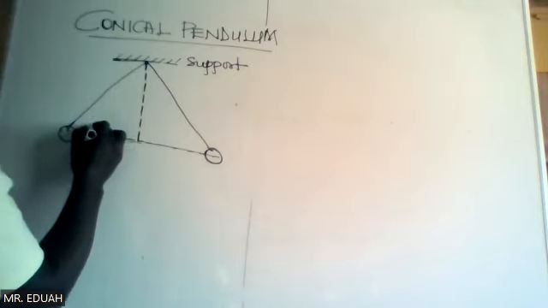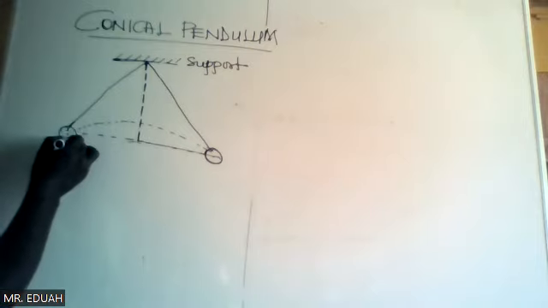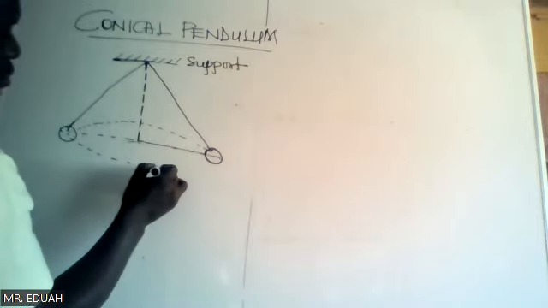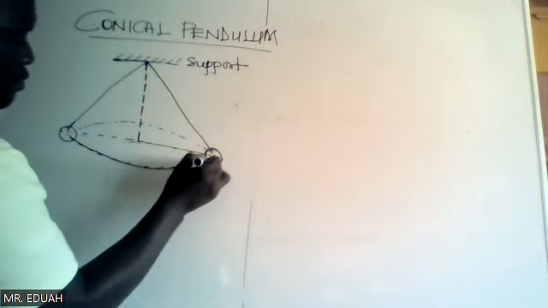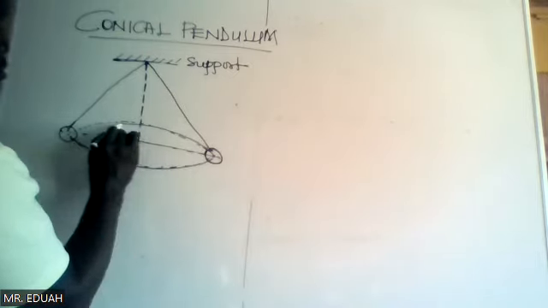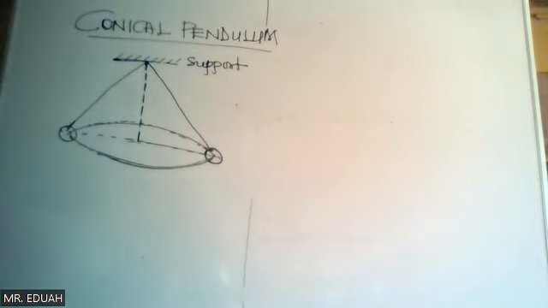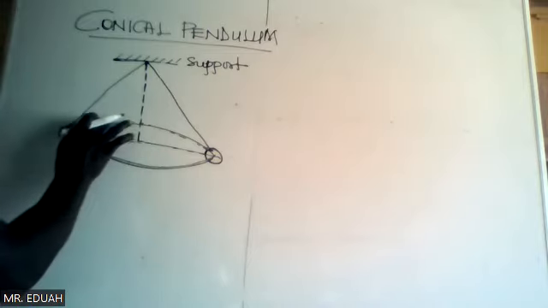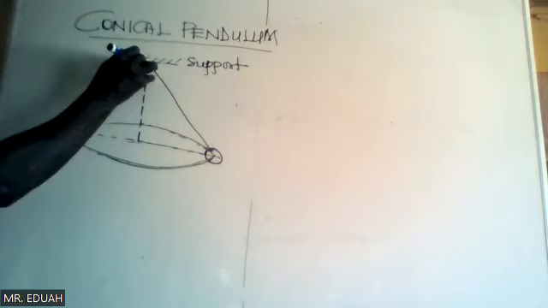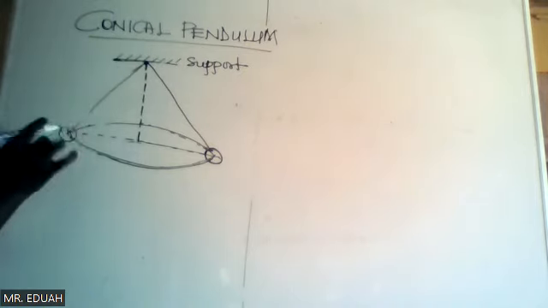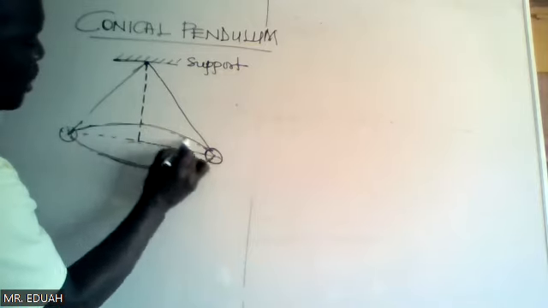So the base describes the shape of a circle, whereas the string sweeps or cuts the shape of a cone. Hence the name conical pendulum.